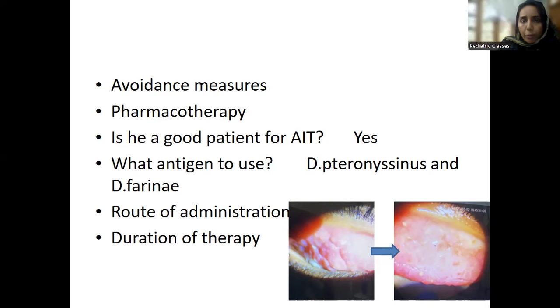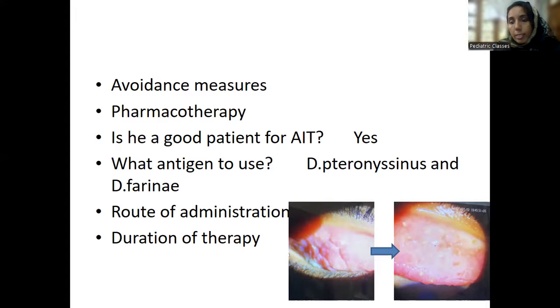So olopatadine and fluorometholone were started, and later shifted down, and also a nasal spray with antihistamines plus steroids was started. He was very well controlled with avoidance and pharmacotherapy, but when we were trying to taper the eye drops, and if for a few days he misses them, he tends to have more symptoms.